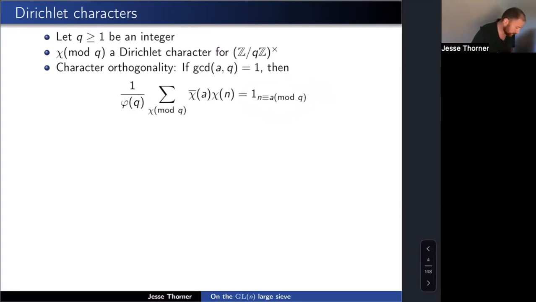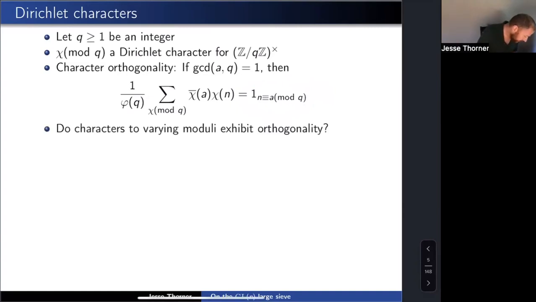All right, so character orthogonality comes up in all sorts of settings. And one thing that has shown itself to be very important throughout analytic number theory is to have a notion of character orthogonality to varying moduli.